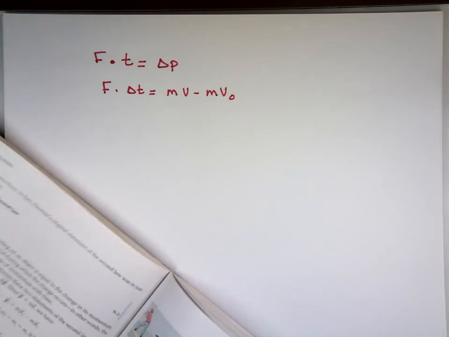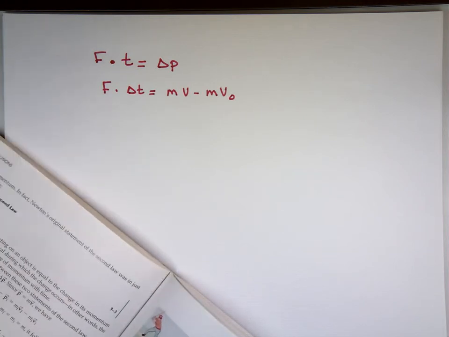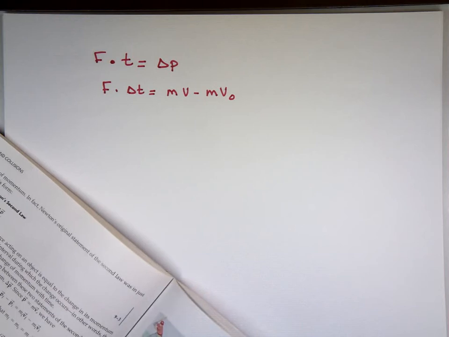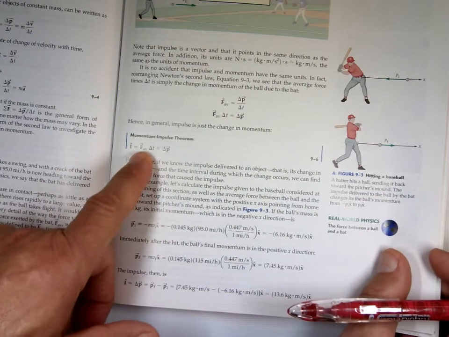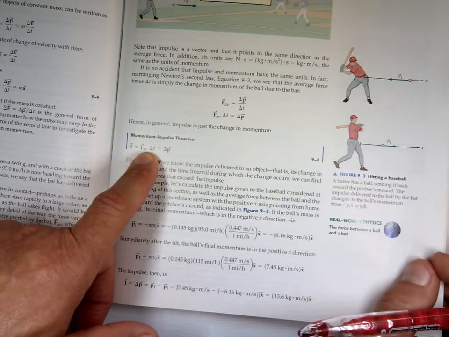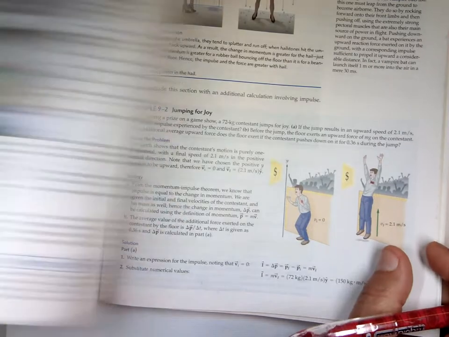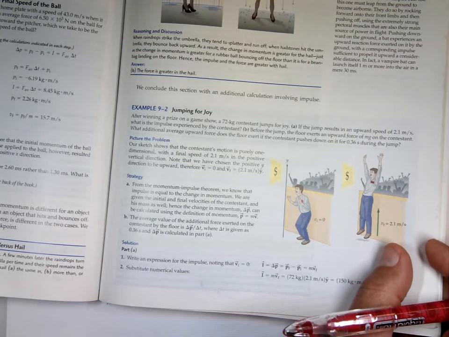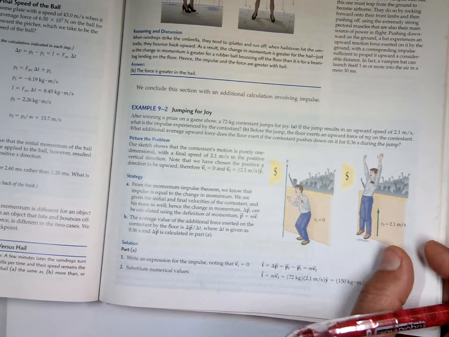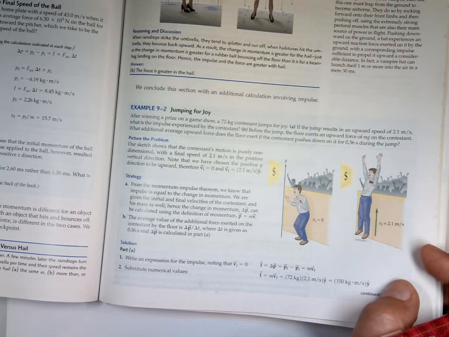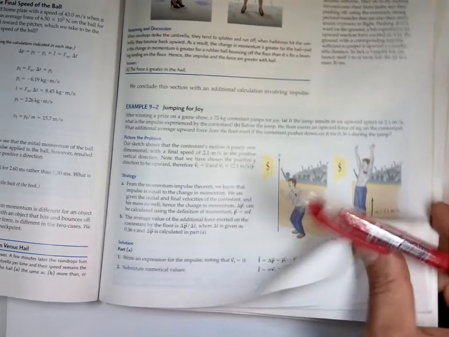So you guys from night class probably missed it. Here we go. Impulse equals F average times delta T equals delta P, and P is mass times final velocity minus mass times initial velocity. I'm sure that equation is written somewhere here.